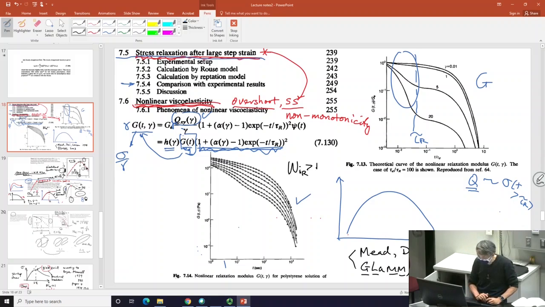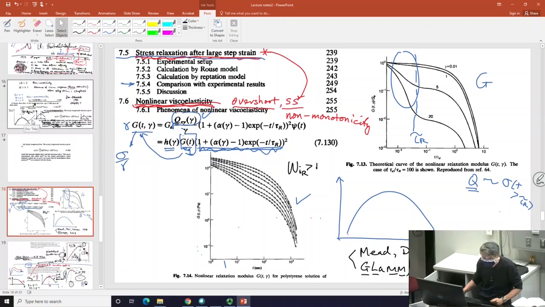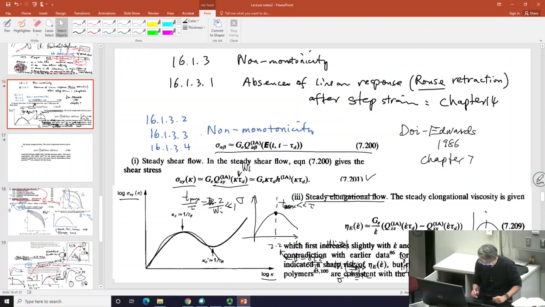Since I mentioned I want to complete this part of the history correctly, I should indicate that for this difficulty of the non-monotonicity, since this implies shear banding, remember? This would imply there's kappa 1 and kappa 2.